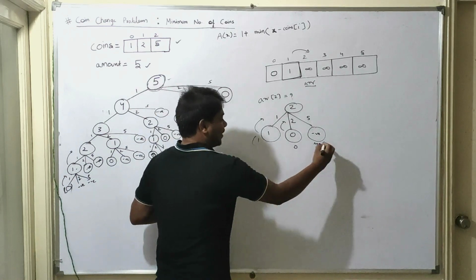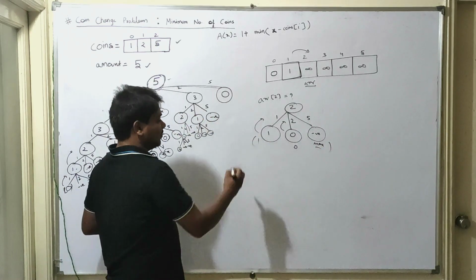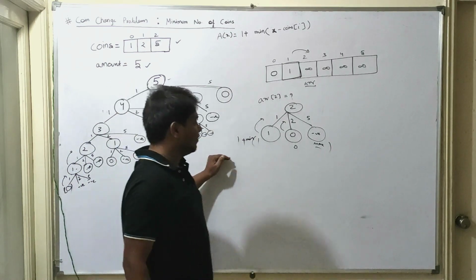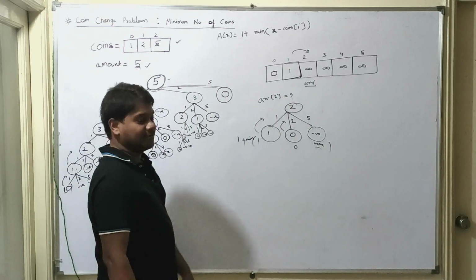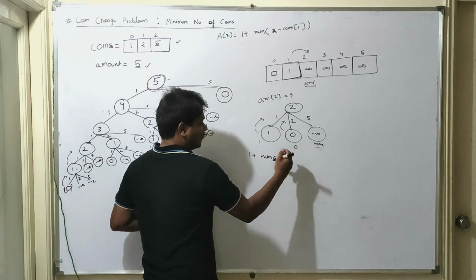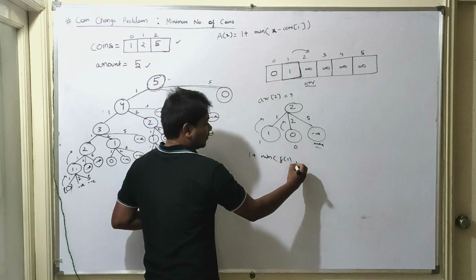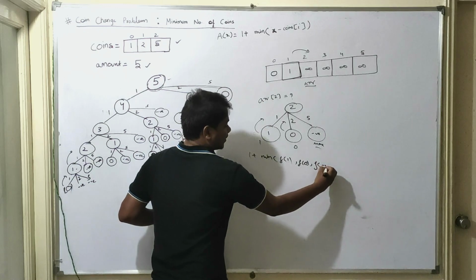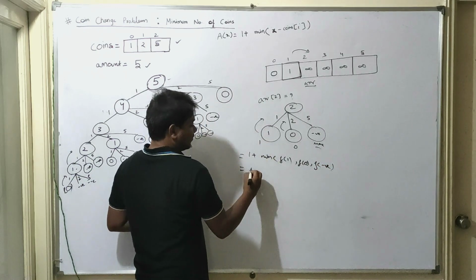What we should return is 1 plus the minimum of f of 1, f of 0, f of something negative.